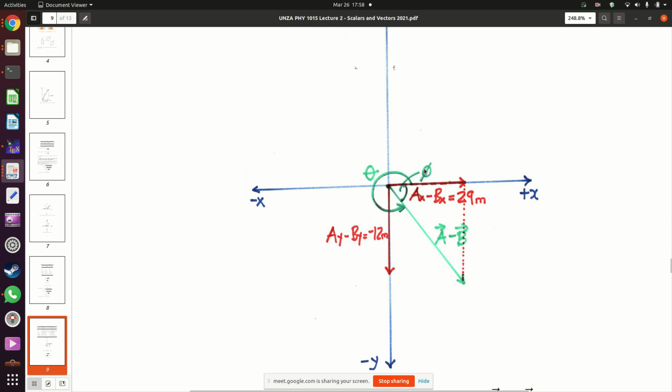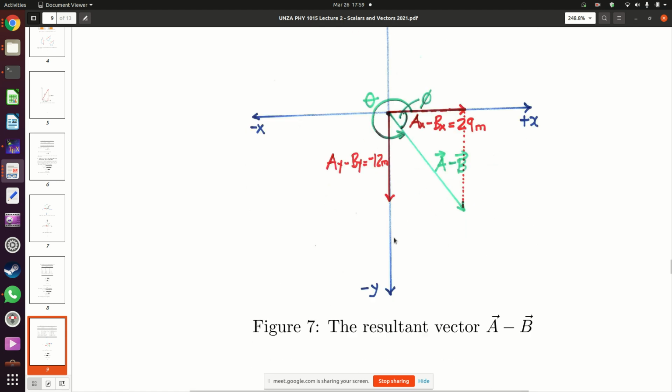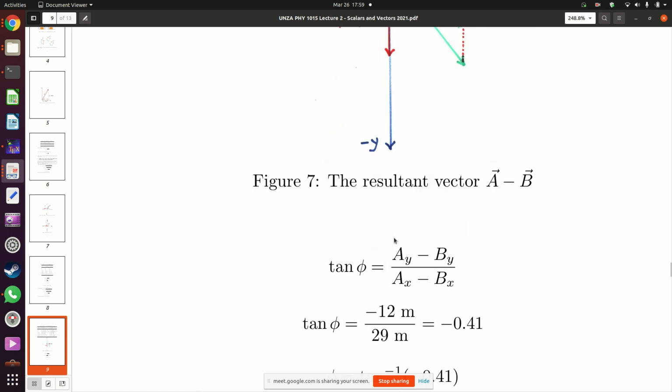We can find the angle phi from the components of a minus b, because the adjacent is known, that is 29 meters, and the opposite is also known, that is minus 12 meters. So we proceed to work out the value of phi in this triangle. Once we find phi, we are going to add that value to 360 degrees so that we can find what theta is. And that's what we are going to do here.